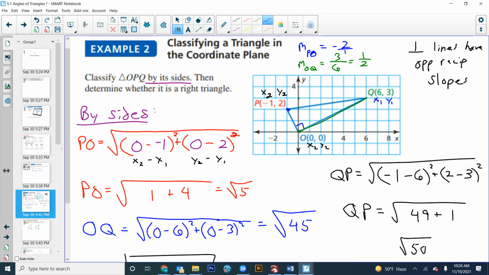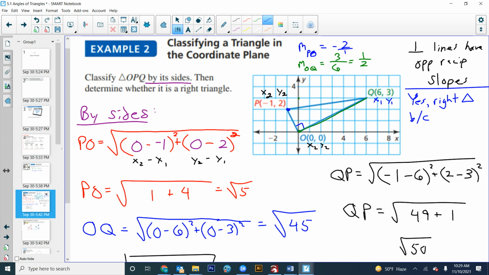All right. So, is this a right triangle? Yes. And I would say our argument is yes. Right triangle.